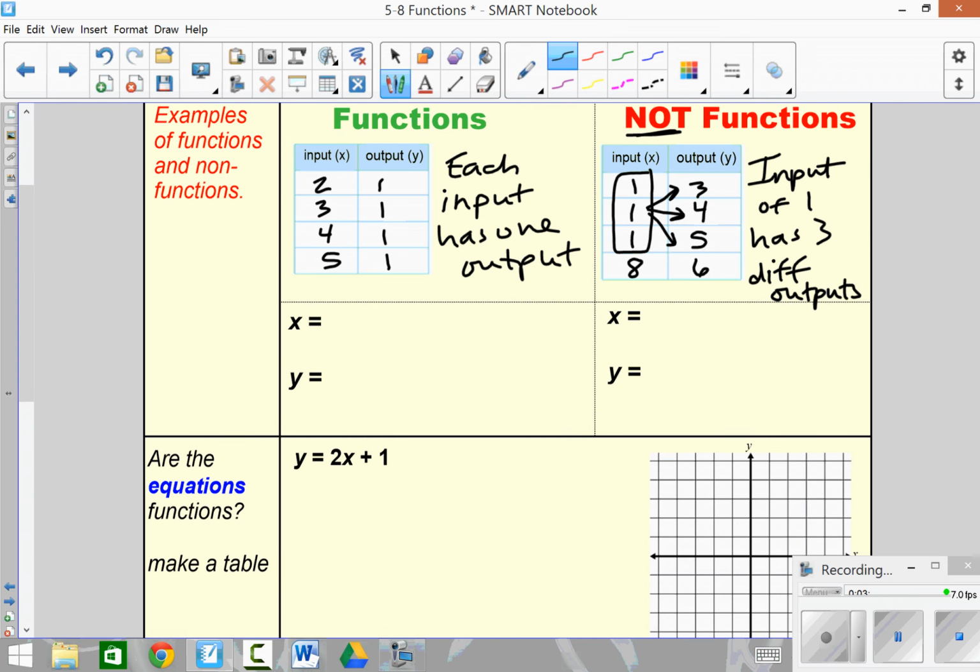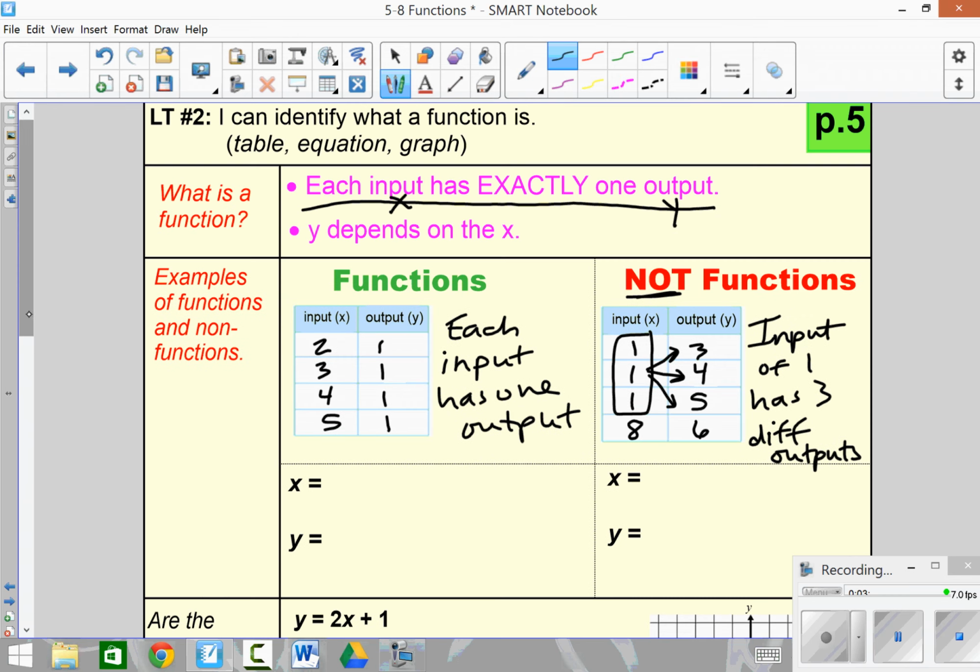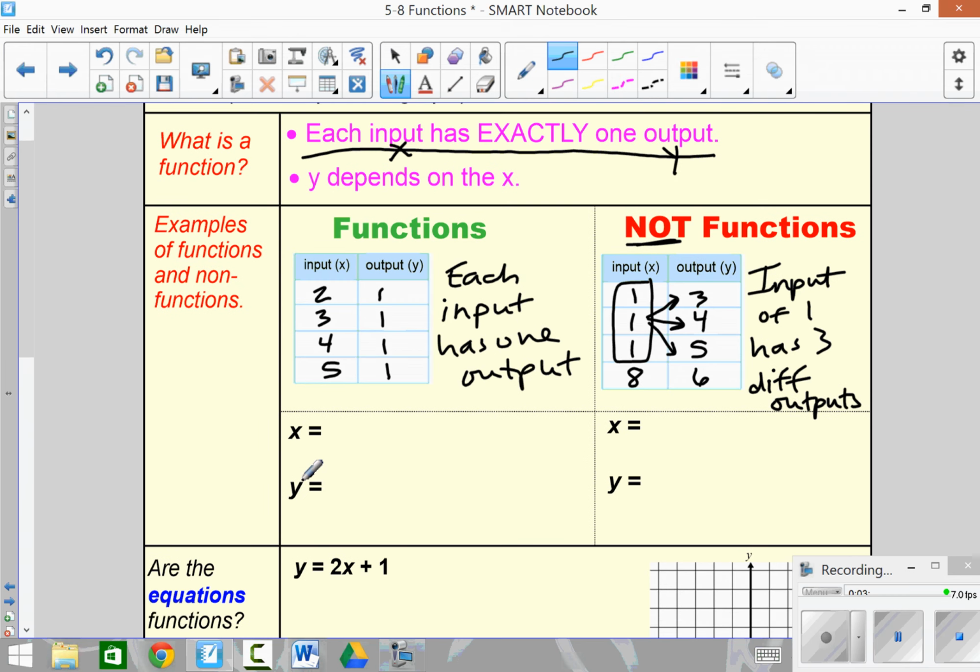Okay, and in the previous lesson, we also talked about different labels that create functions. This is where the y depends on the x. Can you give me a label for a y which is dependent on the x? Two variables that have a relationship where y depends on the x. Can you give me a y and an x where y doesn't depend on the x? Then it's not a function.